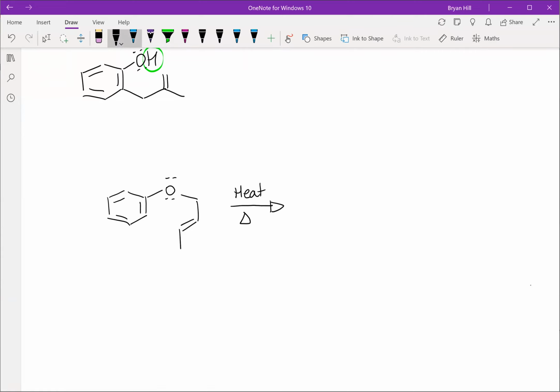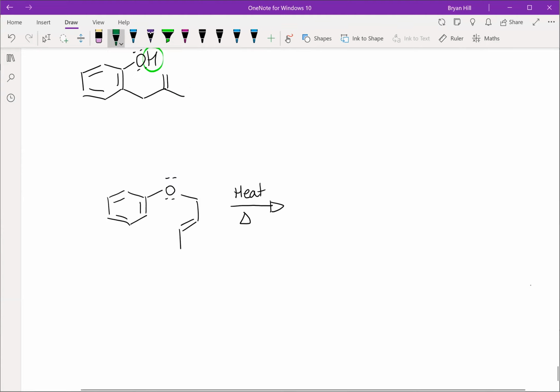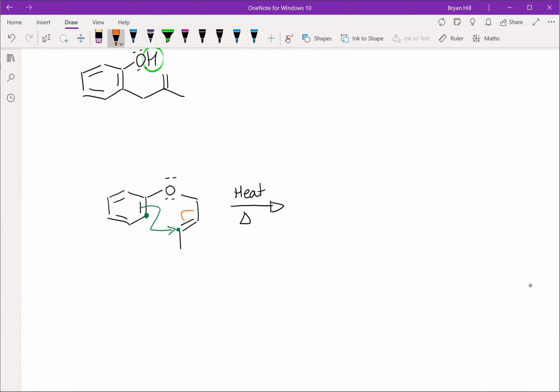So as I said before, it doesn't really matter where you start out, but I always like to start where you're making your two bonds, between here and here. So these electrons go there. And then we have to move those other pi electrons because that carbon's going to have too many electrons. Then you can move those ones there.